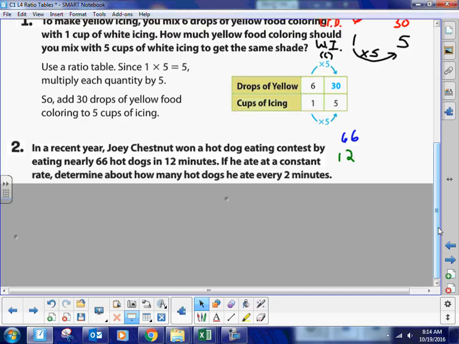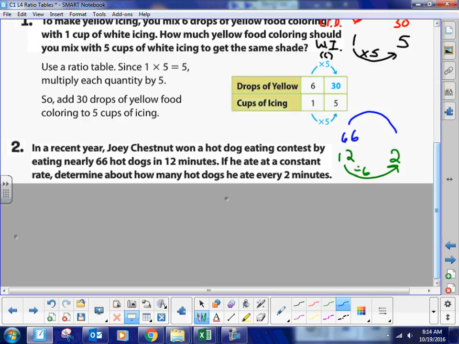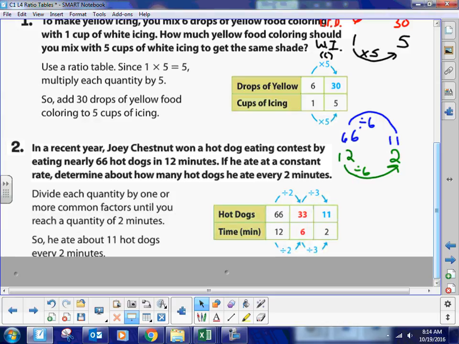So we're trying to get the number of minutes down to 2. How did you get 12 down to 2? We divided by 6, right? You divide this by 6 over here. You get 11. So you ate 11 hot dogs in about 2 minutes, every 2 minutes.